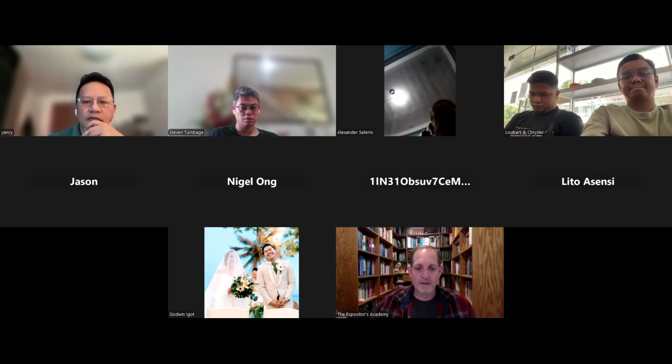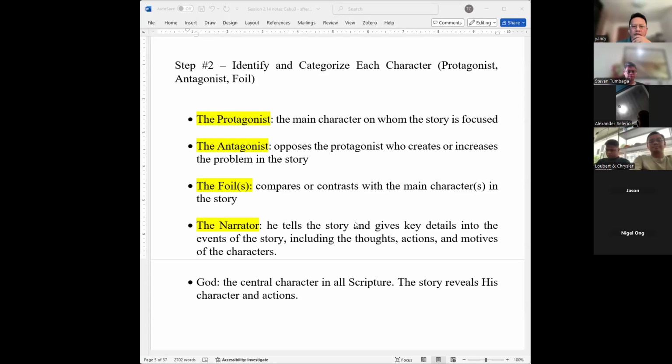And then finally, the main character of the Bible is God himself. So we don't want to forget or neglect to identify God's role in the story. Sometimes it's very direct, like Ruth. I believe he'd be the antagonist in that story. In Jonah, he's the protagonist. In the Gospel of John, of course, Jesus is the protagonist.